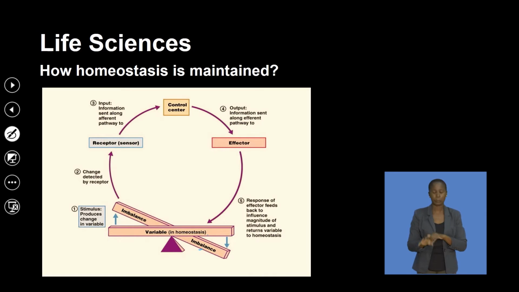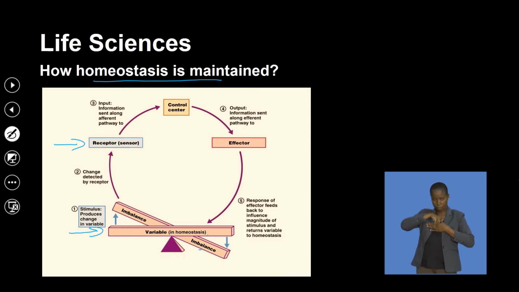So, how is homeostasis maintained? In this illustration, I've described the process of what balance is and what happens when the body responds to changes. The body will pick up a stimulus, and a receptor picks up that stimulus.